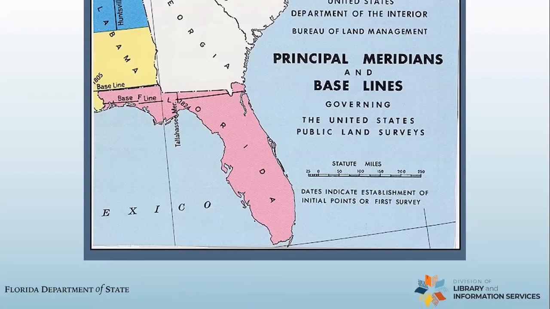So they chose this very specific central point, and they drew a straight line all the way across the state, or the territory at that time, east and west from that point, and that became what was called the baseline, the Tallahassee baseline. And then they drew a line north and south, and that became what was called the Tallahassee meridian.